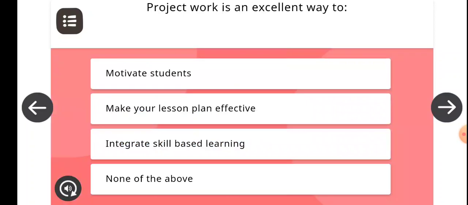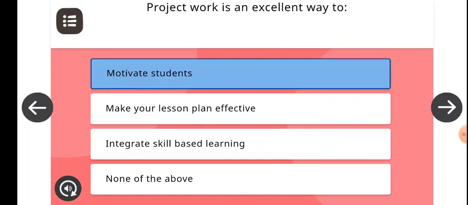Next, project work is an excellent way to work. Is it to motivate the students, or to make the lesson plan effective, or integrate skill based learning? None of the above. Of course, project work motivates the students, and of course, by including project work in your lesson plan, your lesson plan would be effective.